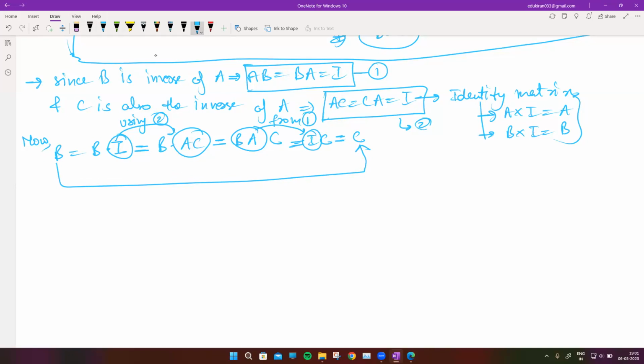So assume any two different inverse matrices, then use the result AB, BA is equal to I and AC, CA is equal to I, because they both are inverses, right? And you can multiply the identity matrix with anything. So you are just taking B, writing B as B into I, because you can write that.